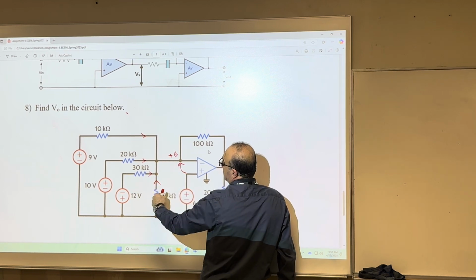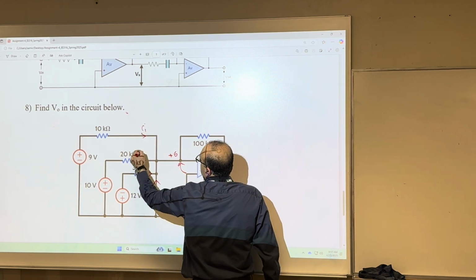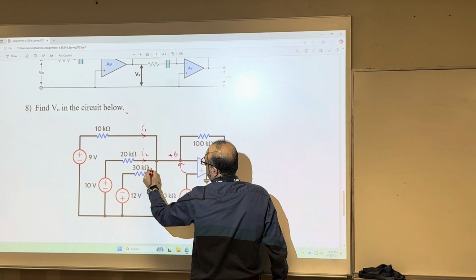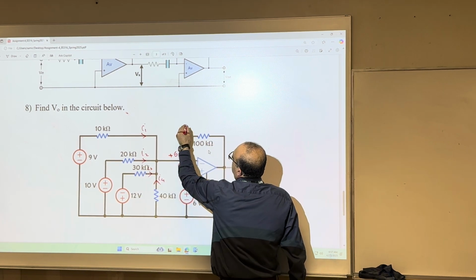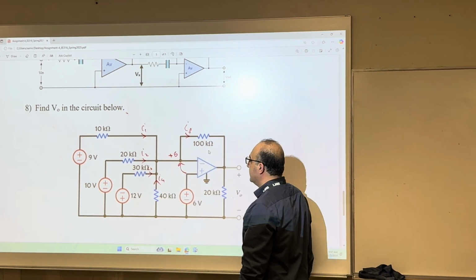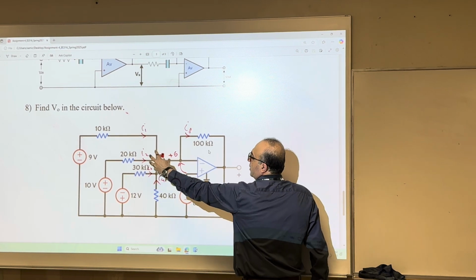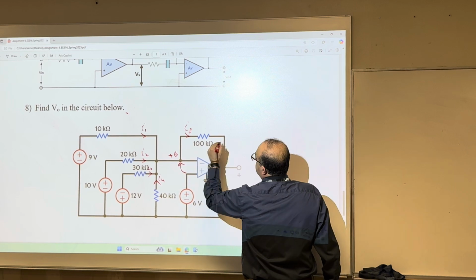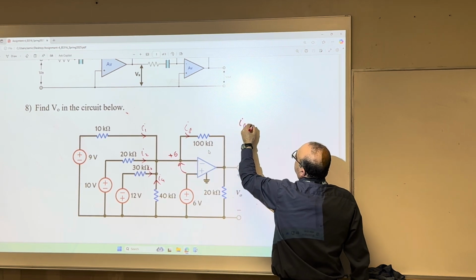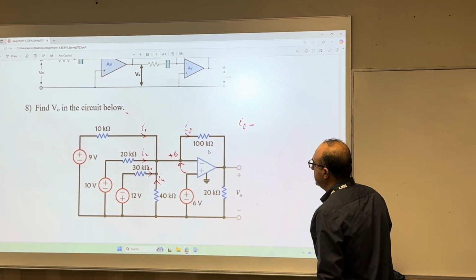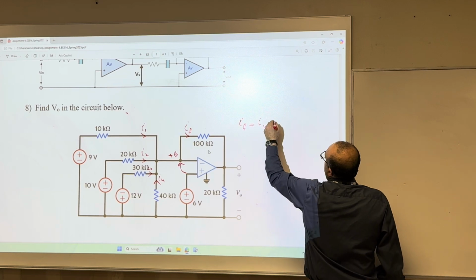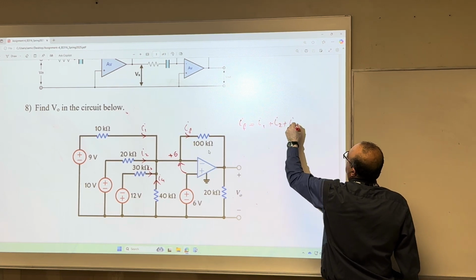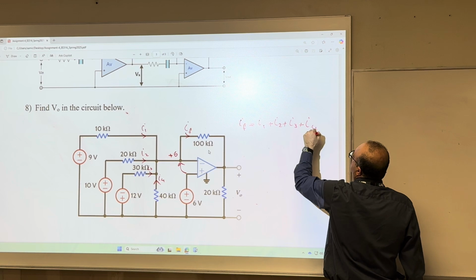Then all of them together, I1, I2, I3, I4, IF. Because the current here is 0, all of those 4 currents go here. Then if I write the KCL here, IF equals I1 plus I2 plus I3 plus I4.